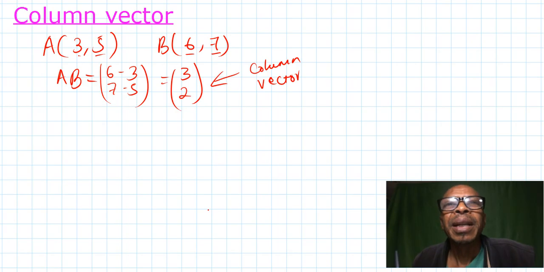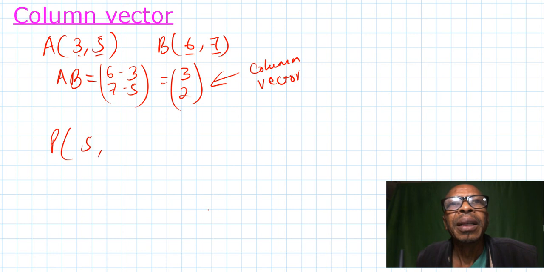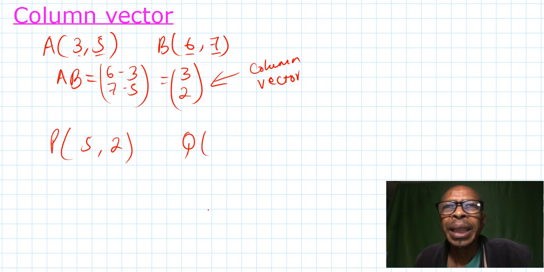If you are given P is 5, 2, Q is, you can even use a negative, -4, and 9.